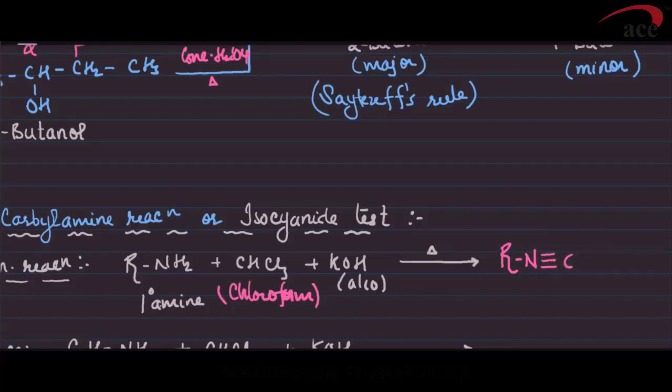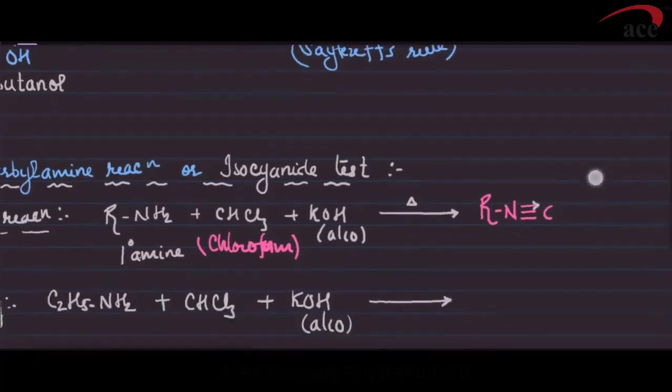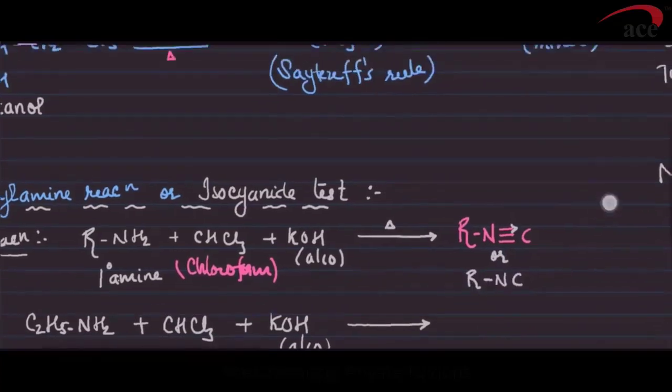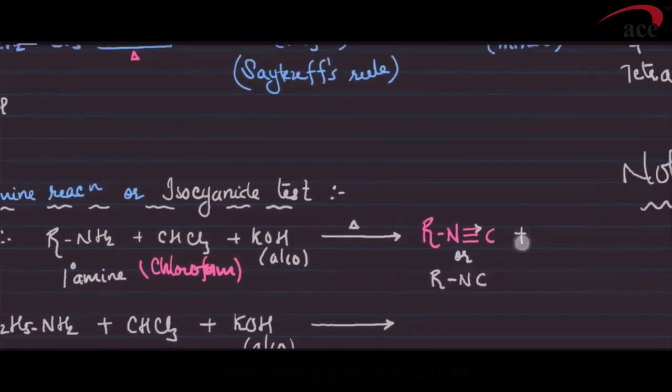So there is a coordinate bond from nitrogen towards that carbon, or in general we can write it as RNC directly, an isocyanide with an unpleasant odor, along with KCl and H2O. So when you balance it, it will be 3 moles of KOH, resulting in the formation of 3 moles of KCl along with 3 moles of H2O.